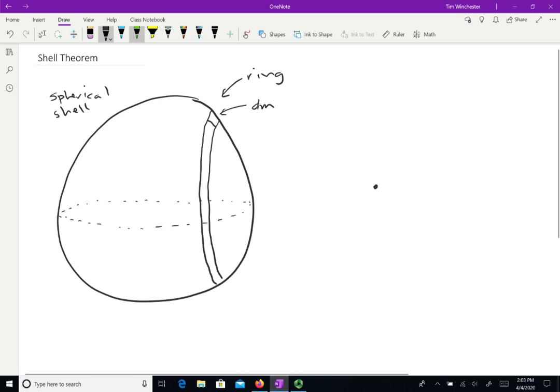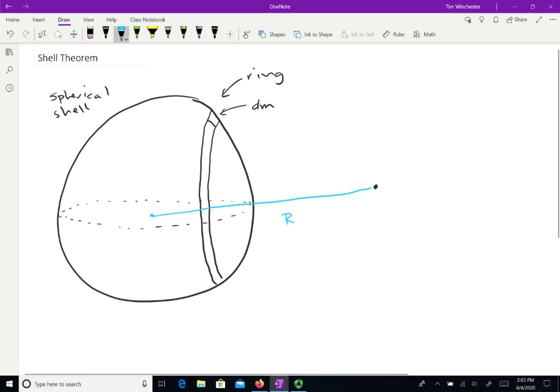And what I want to do now is name some of the different distances in the problem. So the distance from the center of the planet to the object that we want to calculate the force on, I'm going to call R, and I'll use a capital R for this.